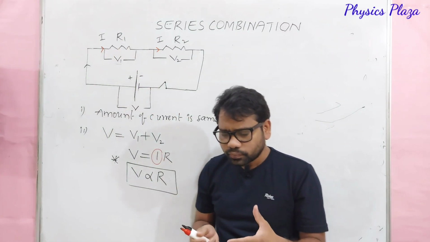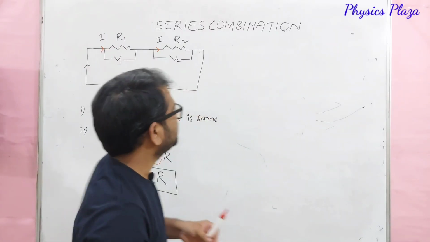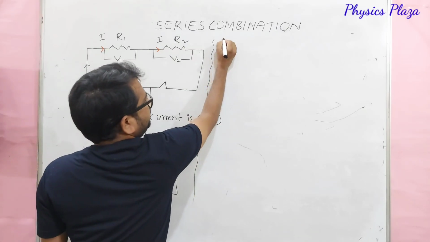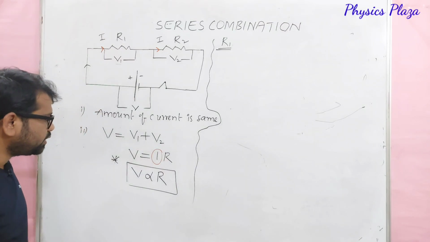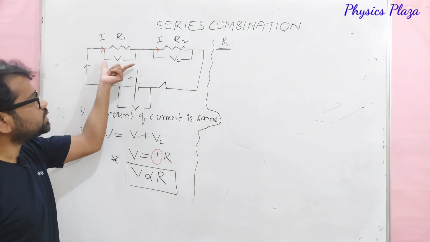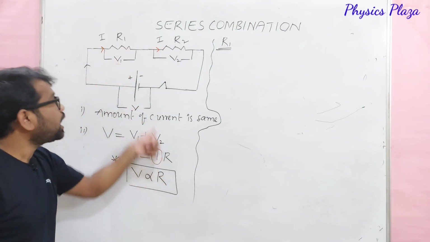Now let us see what the resultant resistance is. Dear children, for the first resistor, let us say R1, let us apply Ohm's law. What is Ohm's law? V is equal to IR. The same formula, let us apply for the first resistor. In the place of V, V1 is there. In the place of R, R1 is there.